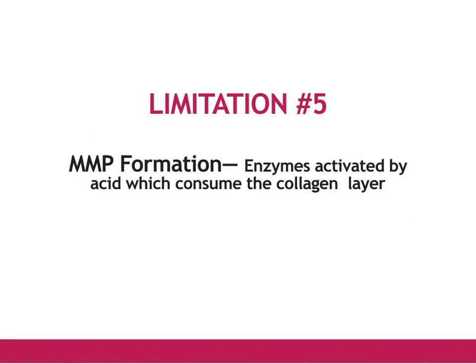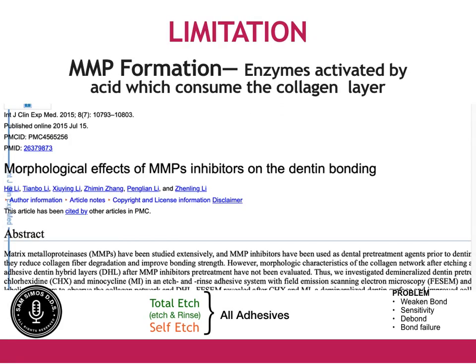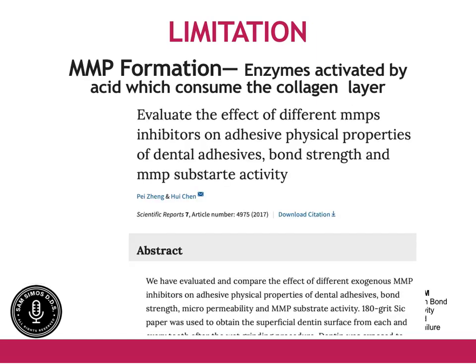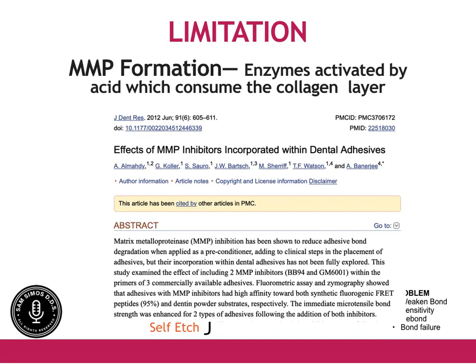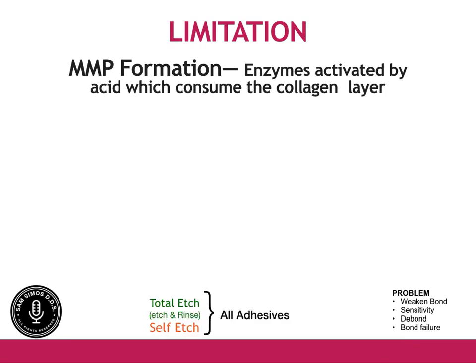Another limitation is MMP formation, or matrix metalloproteinase formation. These are enzymes activated by the acid that we use, and it consumes the collagen layer. There are many, many papers that illustrate and document the formation of MMPs because of the acids that we use, and there's no way around it. It's in there. It's done. It's definitely well researched.